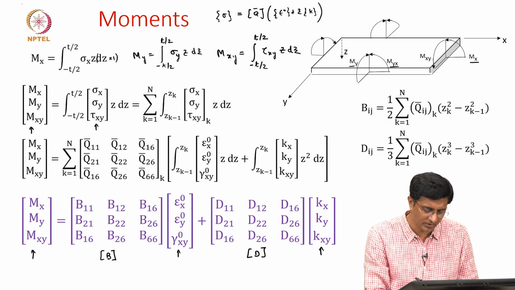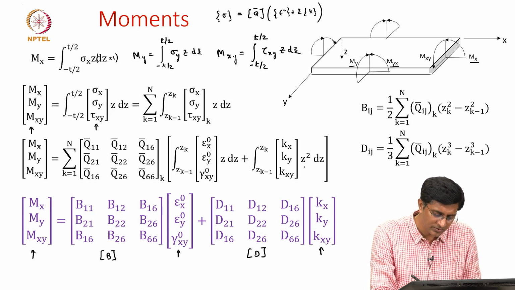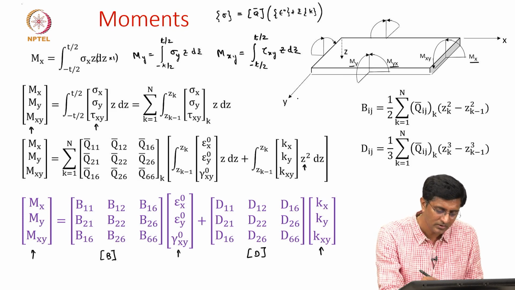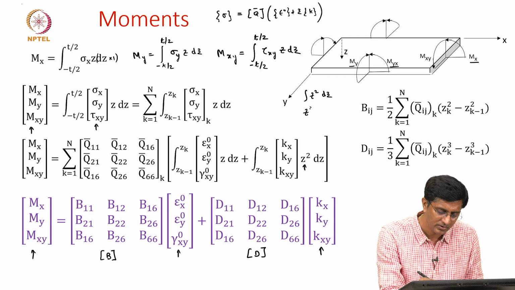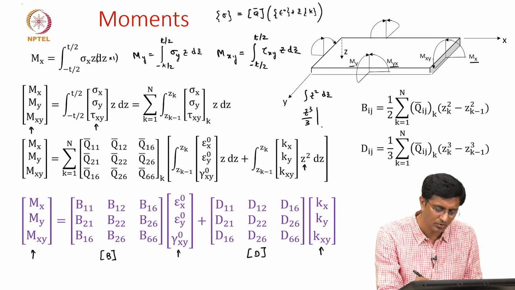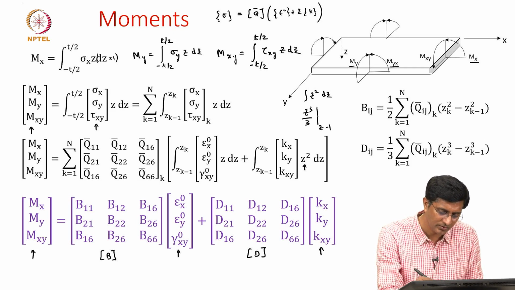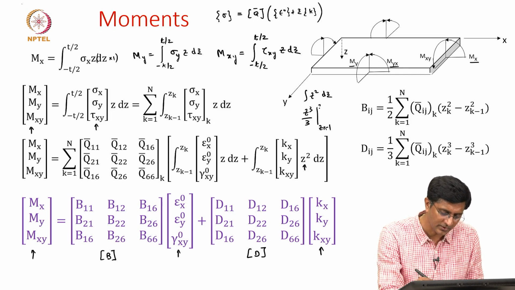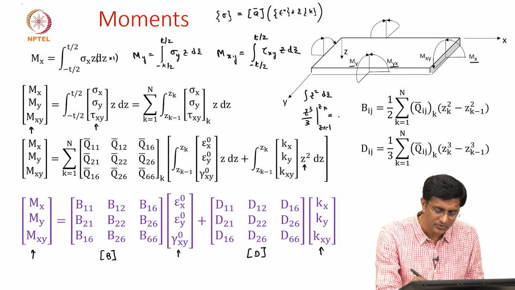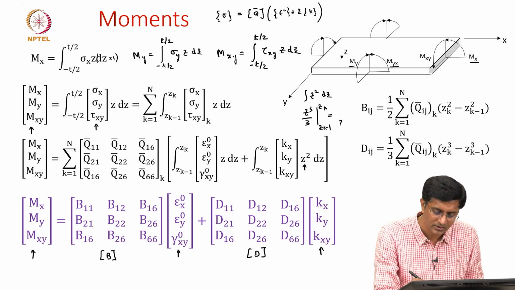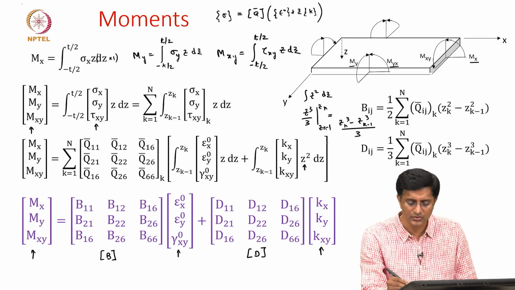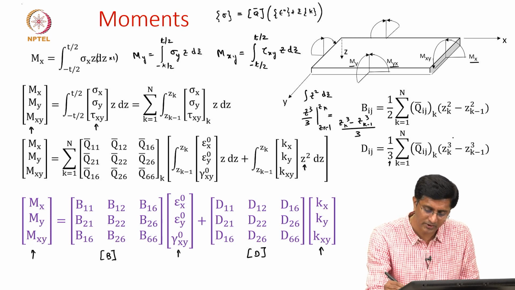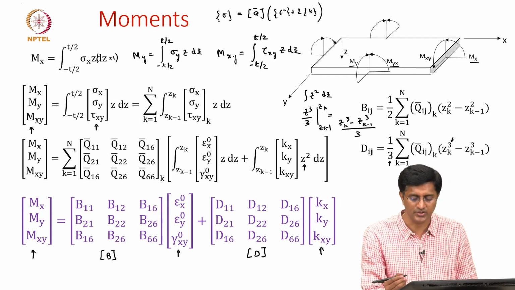The only difference with the D matrix is here, since we have z square in the integral, this integral z square dz will be z cube by 3 going from z k minus 1 to z k, which will be z k cube minus z k minus 1 cube by 3. So this explains the 3 here and the cubic terms for z values here.